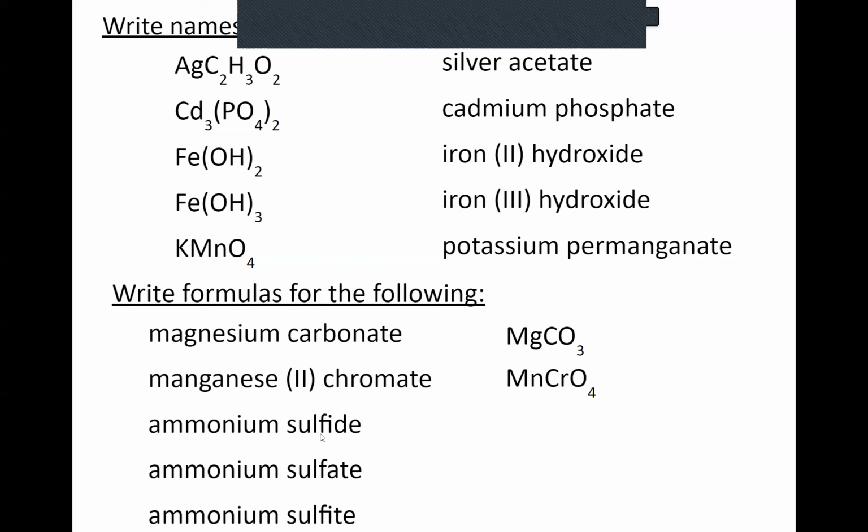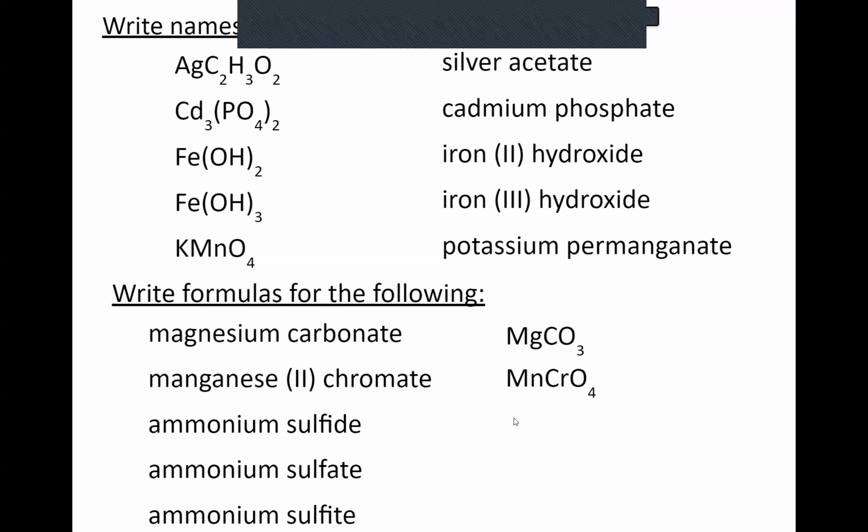Take a look at sulfur's position on the periodic table. It's right below oxygen. It's in column 16, which means it carries a 2- charge. Ammonium, if you're reading your list of polyatomic ions, you would know that it's a 1+ charge. So an ion that's 1+ is paired with a single sulfur atom that carries a 2- charge.